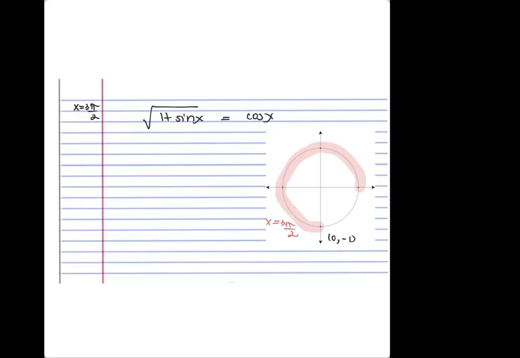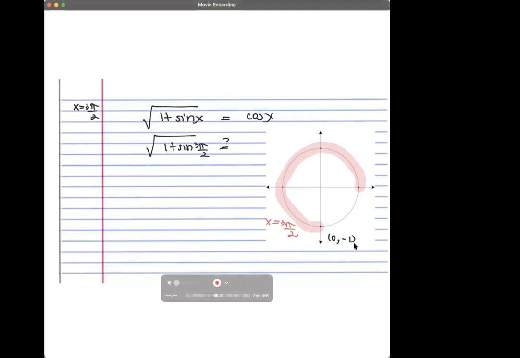When we ask ourselves 1 plus sine of 3 pi over 2, I'm asking myself, what's the y value of the ordered pair on the unit circle when it cuts off an arc of 3 pi over 2? And the y value on the unit circle is -1 for the arc 3 pi over 2.